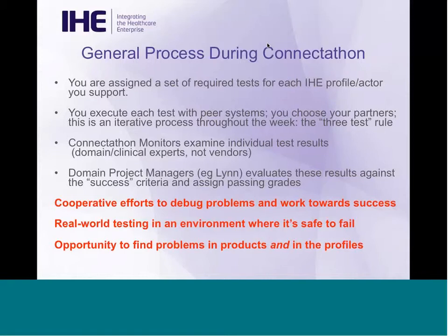So that means that you are performing tests with a test partner from another company. You choose your partners. You run through your test list under your own direction and test, find problems, fix them, and this iterates through over and over through the course of the week.